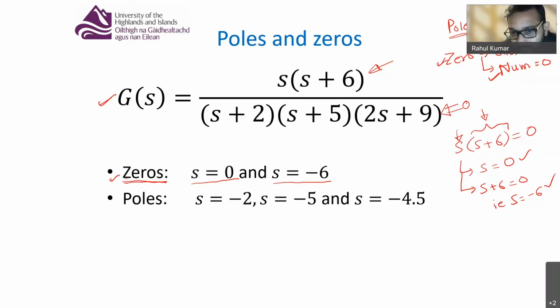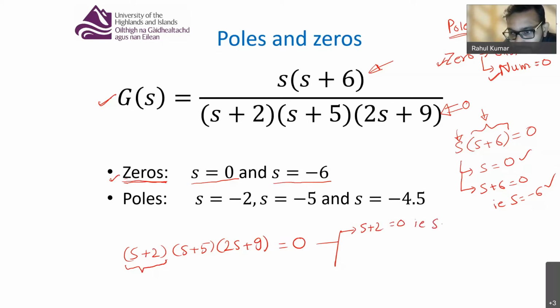Let's write it down: s plus 2, s plus 5, and 2s plus 9 equal to 0. Right? So from this we will get three values of s. From the first term we will get s plus 2 equal to 0, that is s equals minus 2.